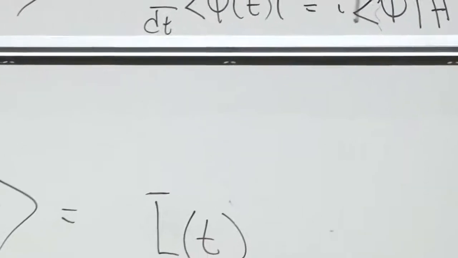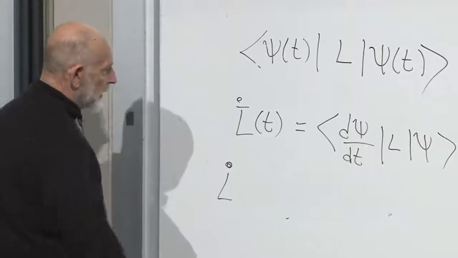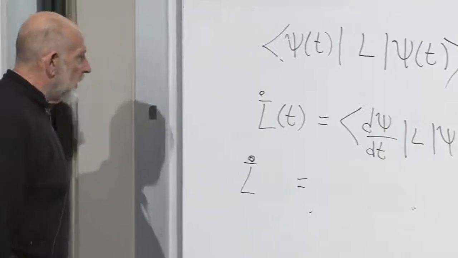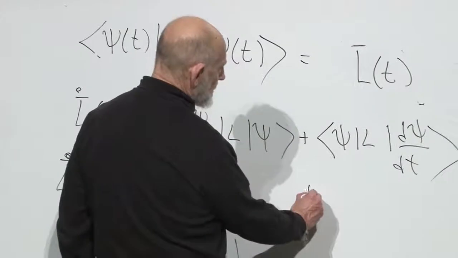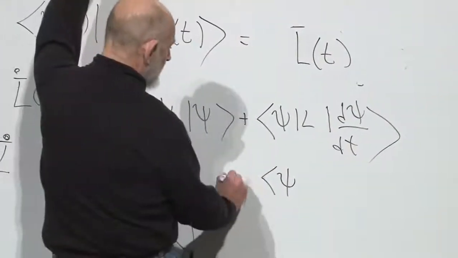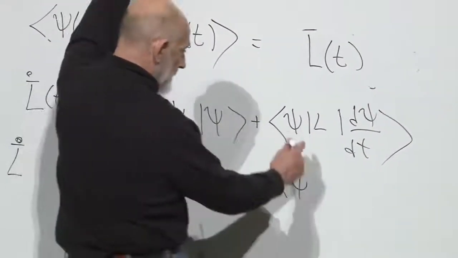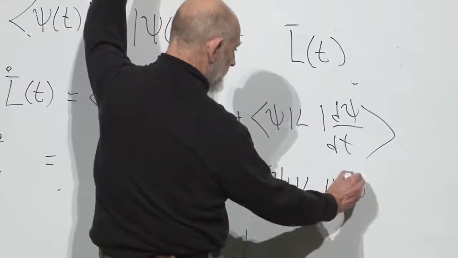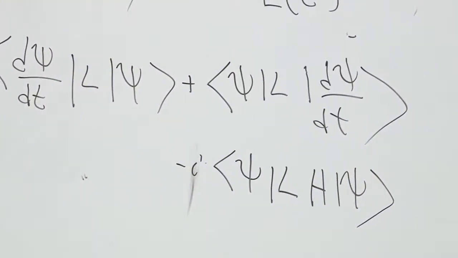Okay, so now we're just going to plug in. Let's just plug in, and we'll get L dot. Let's do this one first over here. This one is going to be plus psi, and there's a minus sign from here, minus i psi L H psi. That's what we get from here. How about the other one?